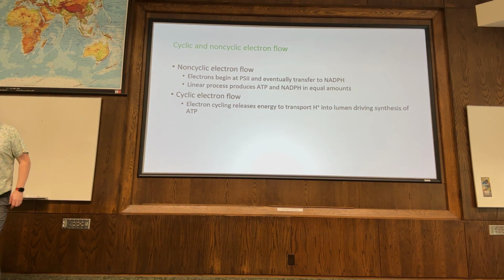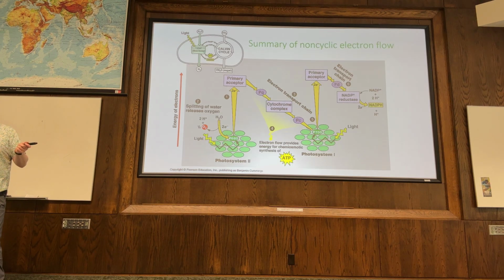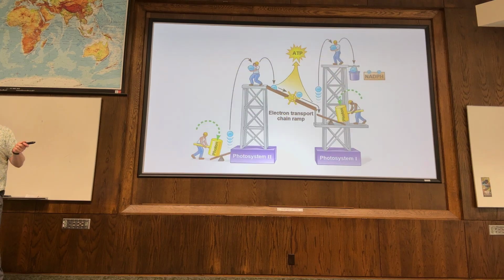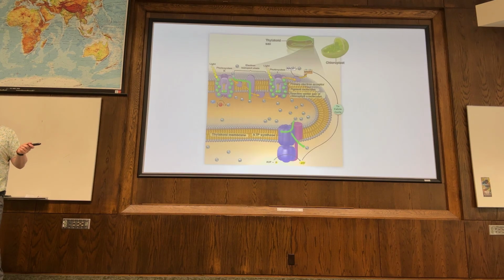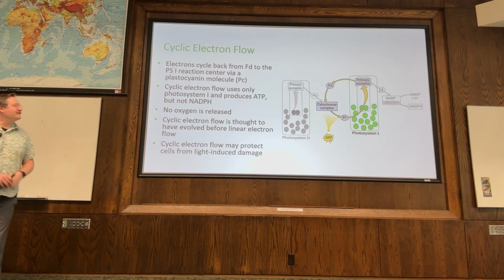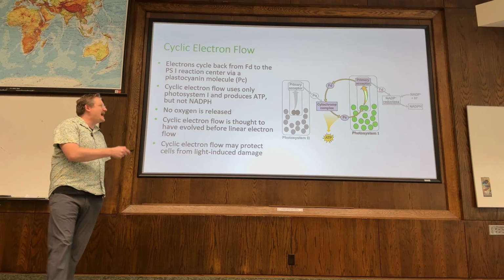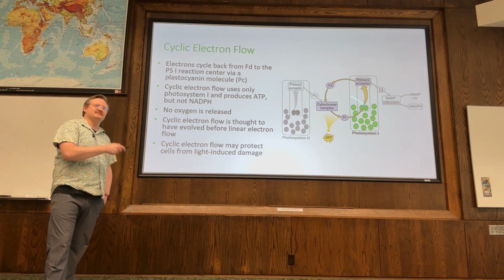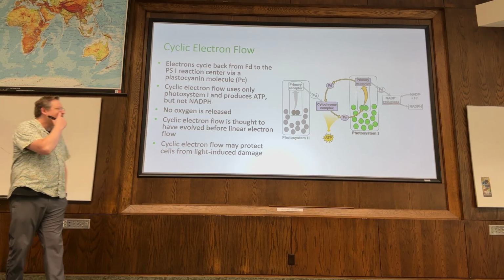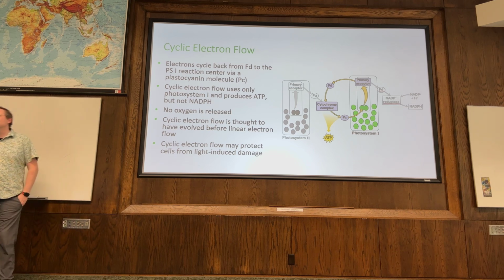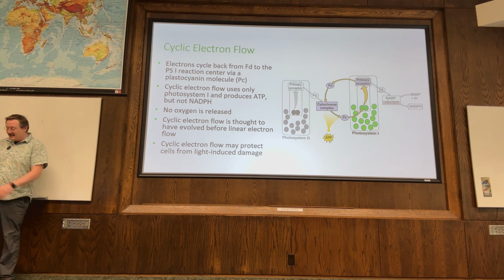All right. Cyclic electron flow is this process here, where photosystem 1 just feeds electrons back into the electron transport chain that generates ATP. There are different theories as to why this process occurs.